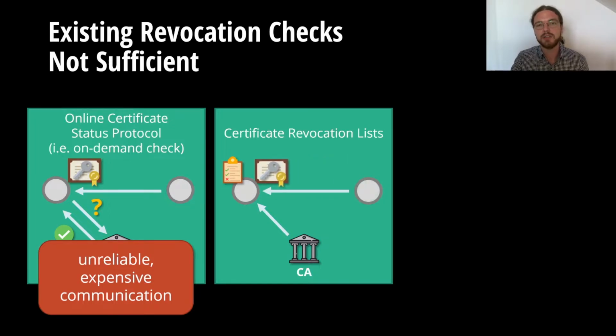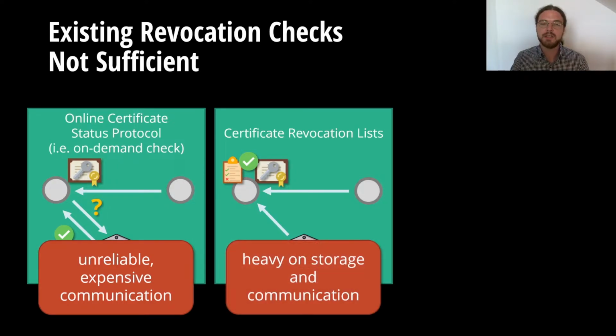Then, if a node sends a certificate, the verifier can simply check the list if the certificate is revoked or not. However, these lists grow quite large, and because they also need to be updated and distributed via the network, they are also very heavy on the communication.